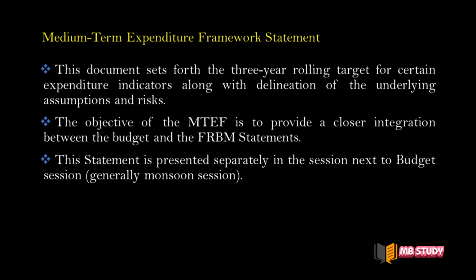This document sets forth the 3-year rolling target for certain expenditure indicators, along with delineation of the underlying assumptions and risks. The objective of the MTEF is to provide a closer integration between the budget and the FRBM statements. This statement is presented separately in the session next to budget session, generally monsoon session.